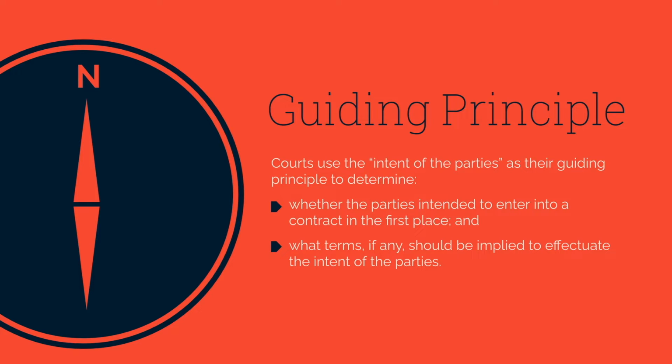What a court is going to look at is say, does it appear that the parties intended to enter into a contract? Because if it appears so, then a court is much more likely to imply terms that may be missing, assuming there's a basis for doing so.